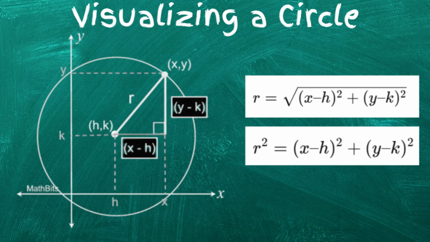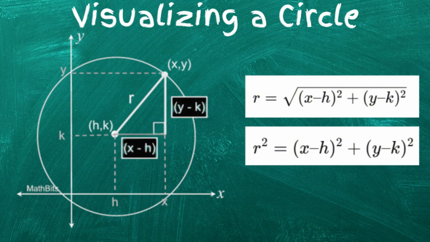Inside the square root, you already see the same pattern you've been working on, the sum of two squares. To remove the square root and make the formula easier to work with, you square both sides. And this will be r squared is equal to the quantity x minus h squared plus the quantity y minus k squared. This equation is extremely important.